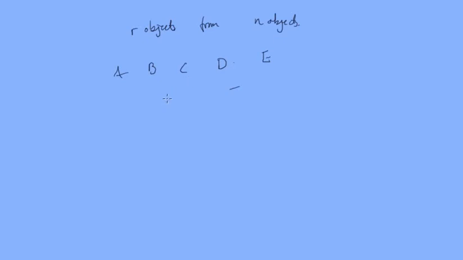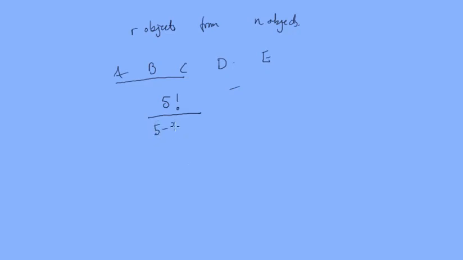So we would have our 5 objects, and then we divide that by, now let's think about what that means. We only want 3 of them, it could be any 3.